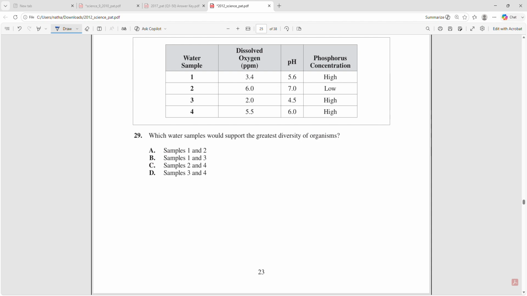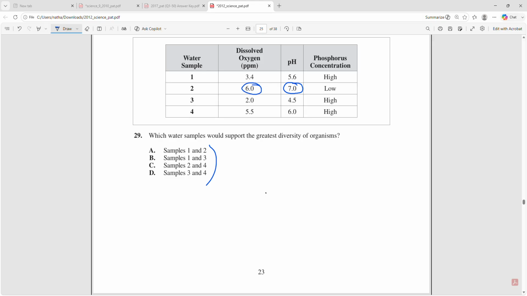So hopefully we recall that water that is closer to neutral is the best. And they're asking us to make two choices, so we're looking basically for the top two. Something that has neutral water is good for diversity of life, supports more life. And the more dissolved oxygen it has, the better too.